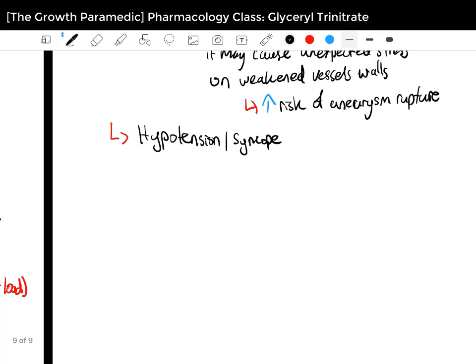And as well as that, the last one, and this is more to do with the effects it has on the cardiac cells in terms of the smooth muscles when it comes to relaxation, is suspected inferior myocardial infarction.